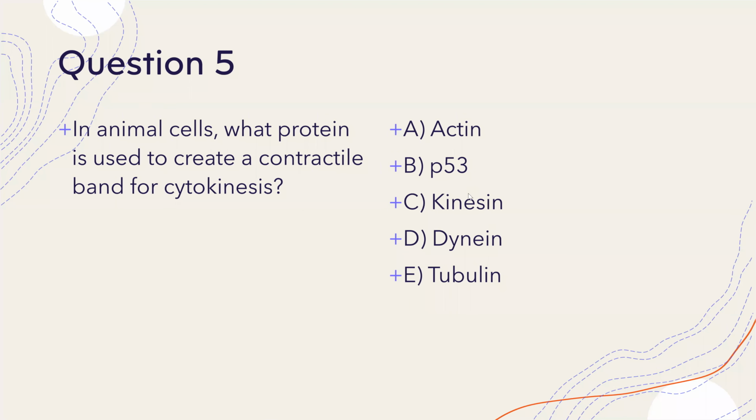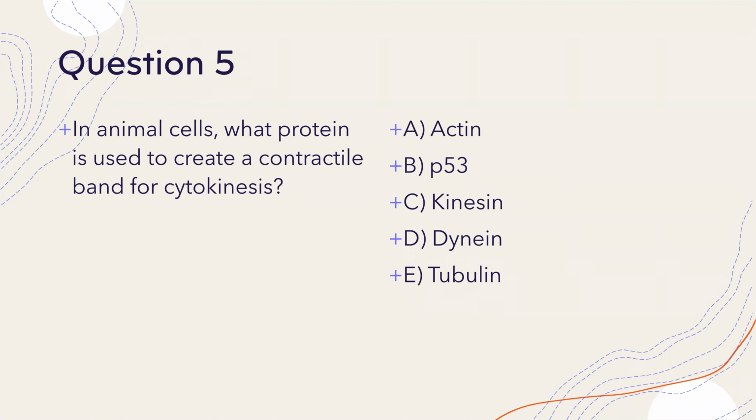Kinesin and dynein are mostly used with respect to mitosis on the microtubules. What kinesin does is it moves things to the plus end. It basically grows the microtubules or lengthens them. And dynein is the opposite. It goes the opposite way on the microtubules, towards the centrosome, and in other words, it can shorten the microtubules.